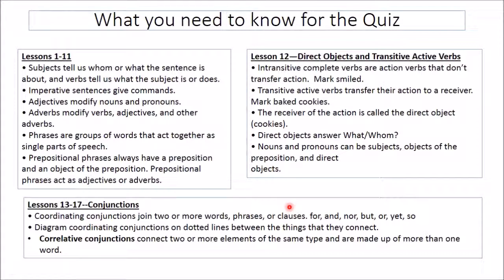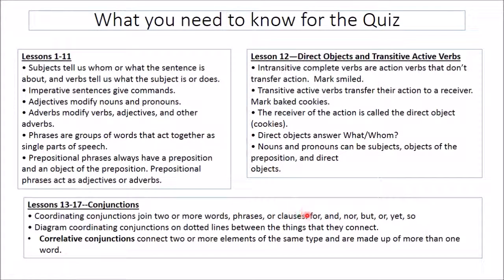Independent clauses must have a subject, a verb, and a complete thought. Basically, clauses are a group of words that have a subject and a verb, and independent clauses also have a complete thought. Okay, so that's basically compound sentences when you connect two clauses with a coordinating conjunction.